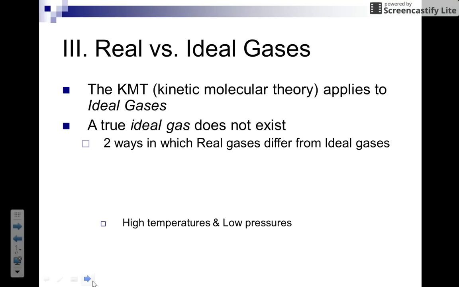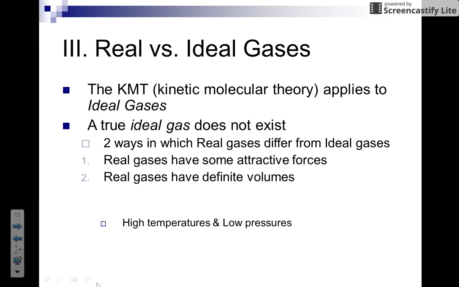There's 2 ways that real gases differ from ideal gases. The first way is that real gases really do have some attractive forces between the particles, or intermolecular forces, due to their polarity or the ions that may be present. Real gases also have definite volumes. Keep in mind, it's a state of matter, and one of the criteria for matter is anything that has mass and takes up space.